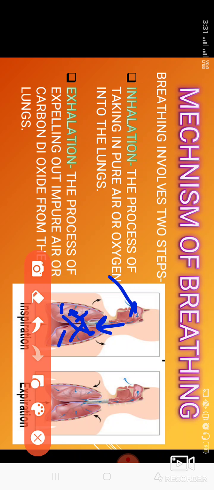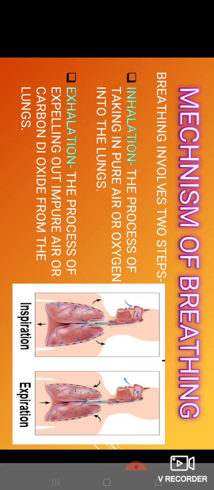And in the second process you see the carbon dioxide which is present in the lungs is removed through the windpipe to the nostril to the outside. So these are the two processes which make up the breathing process.